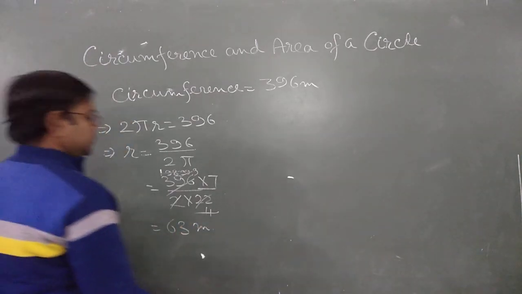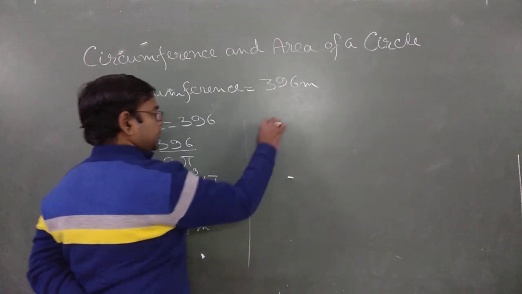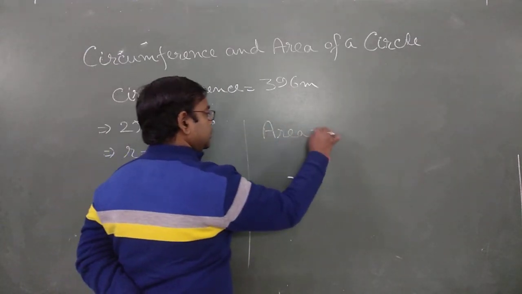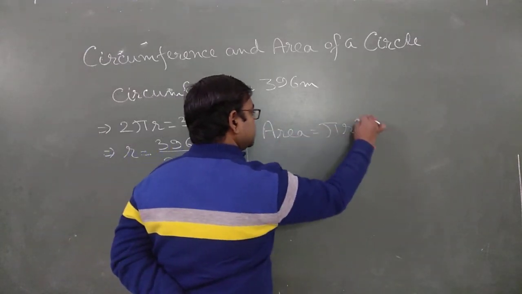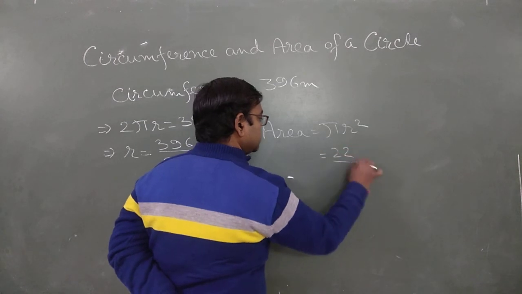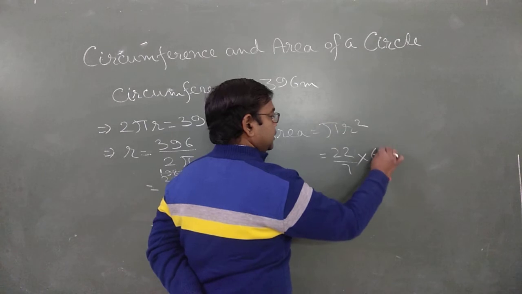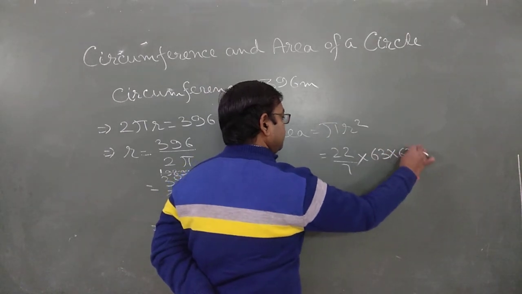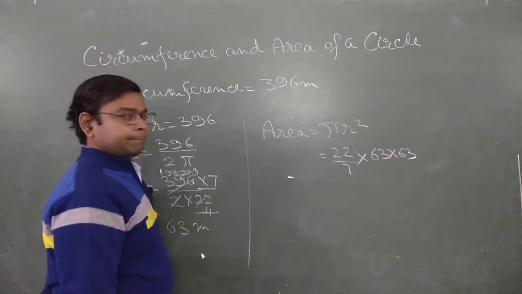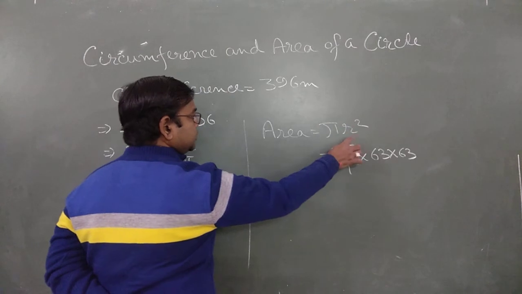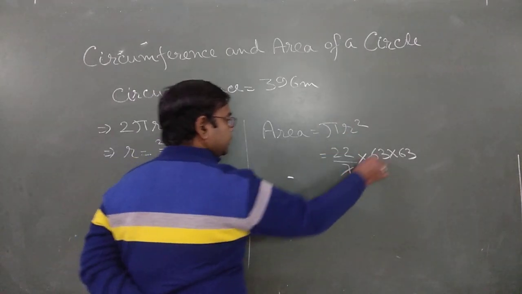So what is the area? From this we can easily find the area now. Area equals pi r square, 22 upon 7, and r square is 63. We can write 63 with 63 likewise. r is 63, so r square is this one, 7 9s.